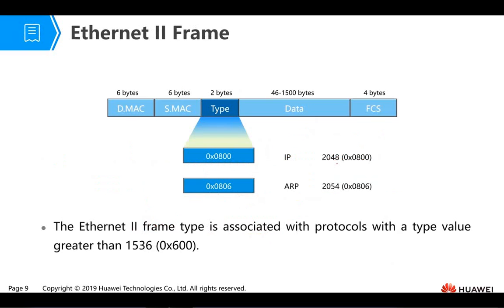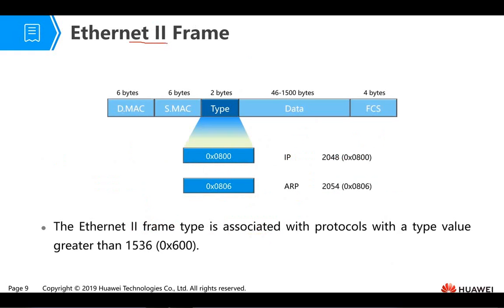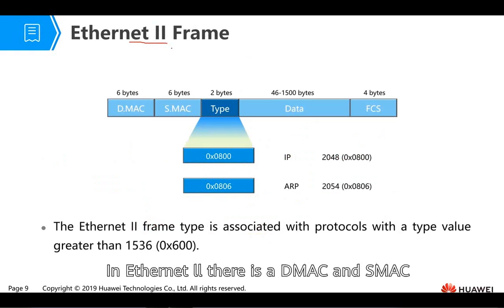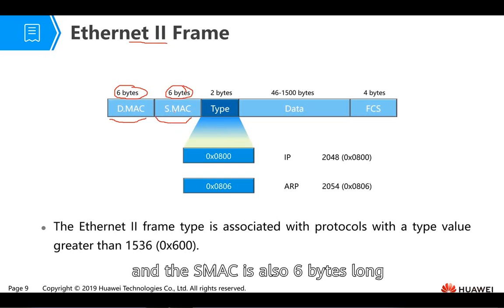First we discuss the Ethernet 2 type frame. In an Ethernet 2 type frame, there's the destination MAC, which is 6 bytes long, and the source MAC, also 6 bytes long, and then a 2 byte type.